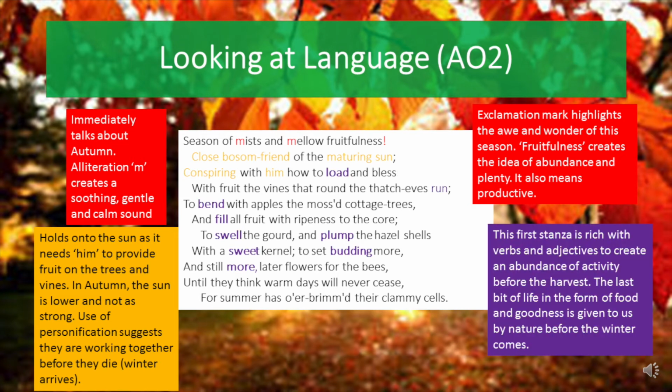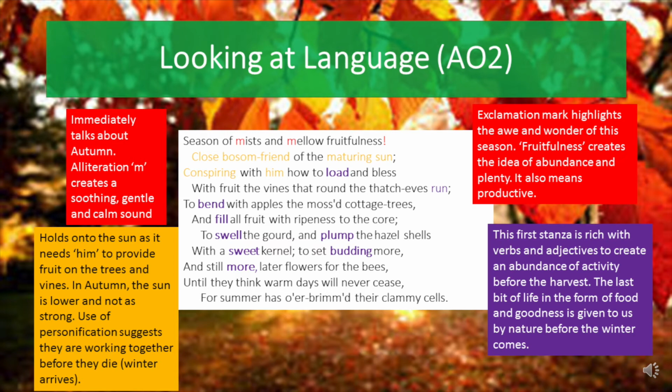Here as well, I've picked out quite a bit in terms of verbs and adjectives. You might have spotted this already, because I know that some of you will already have analysed this. So this first stanza is rich with verbs and adjectives to create an abundance of activity before the harvest.